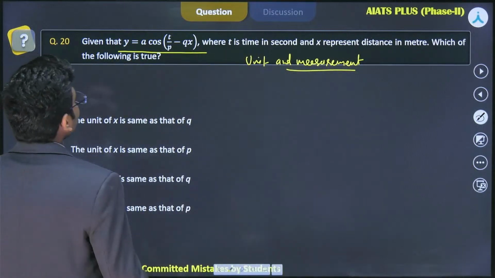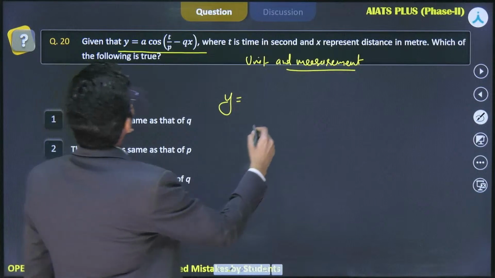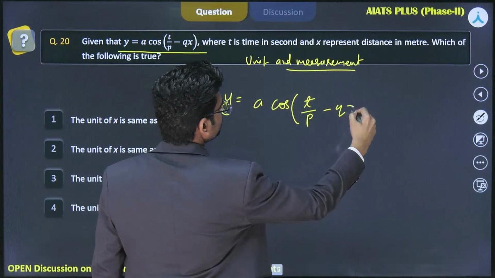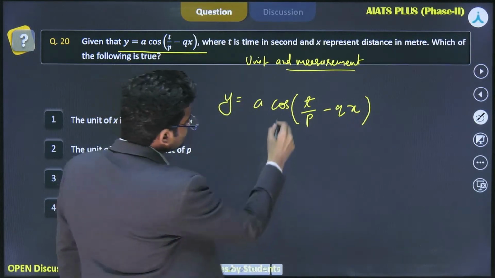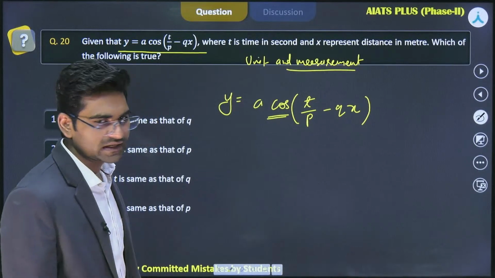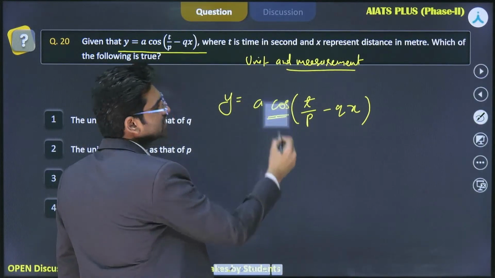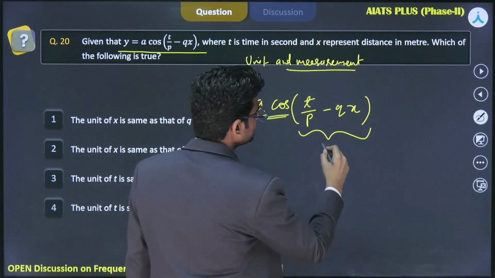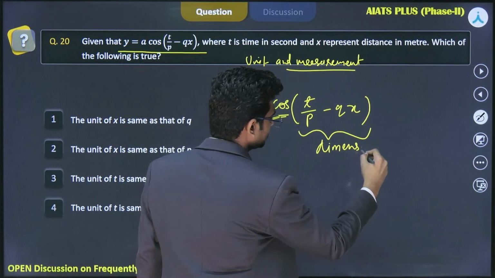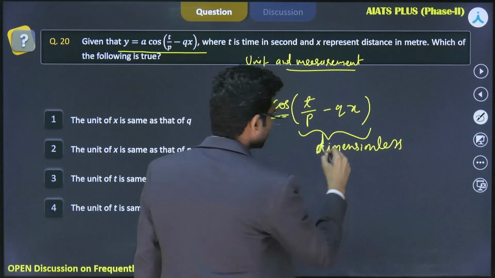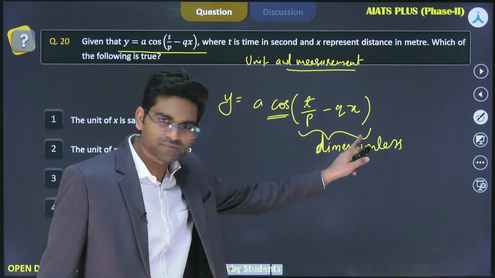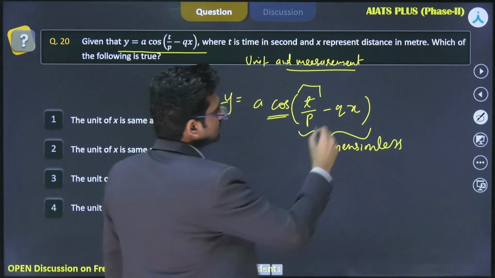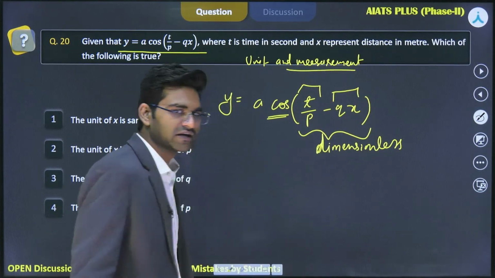No? Okay. So y is equal to a cos of t by p minus qx. Okay. Is this a trigonometric function? Cos of theta, right? So this is a trigonometric function. It means this is its argument and this has to be dimensionless. Now, if this has to be dimensionless, then this part has to be dimensionless and this part has to be dimensionless. Are you getting this?